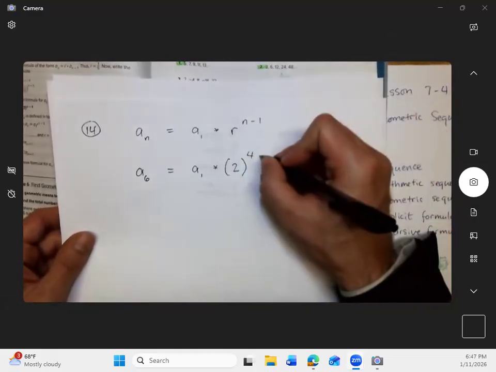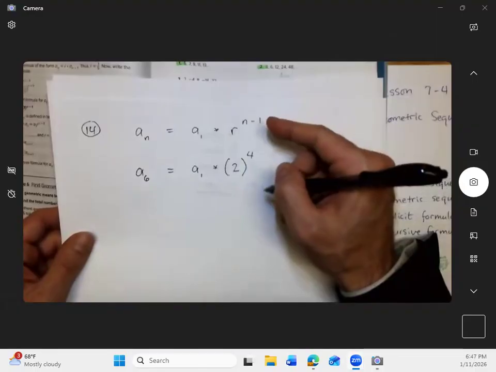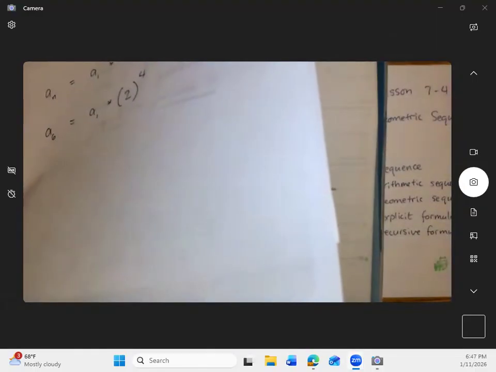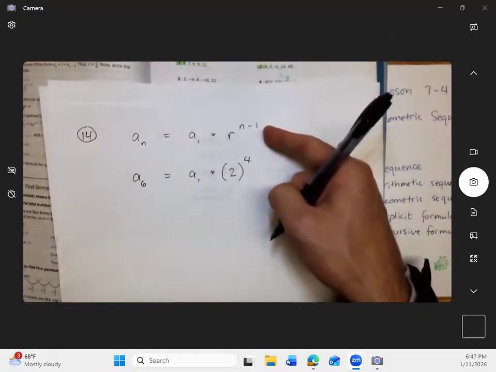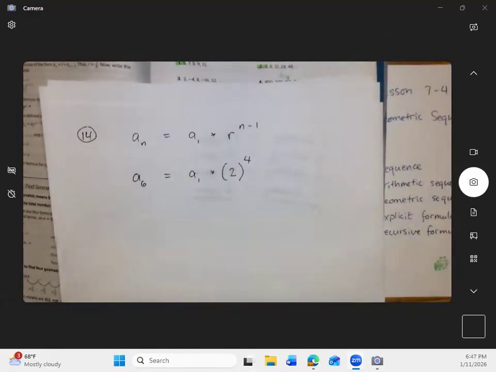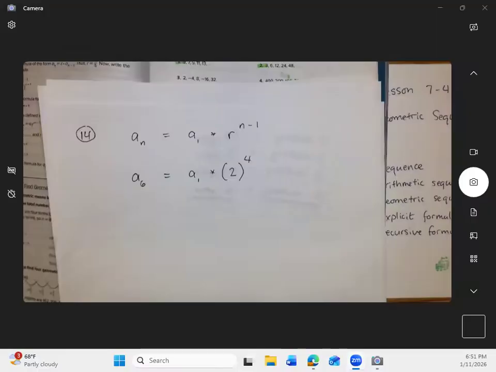Actually, let me rethink that, because if I subtract one, that would actually subtract 18 months' worth, wouldn't it? Let me do it the other way. I think the other way is actually better.